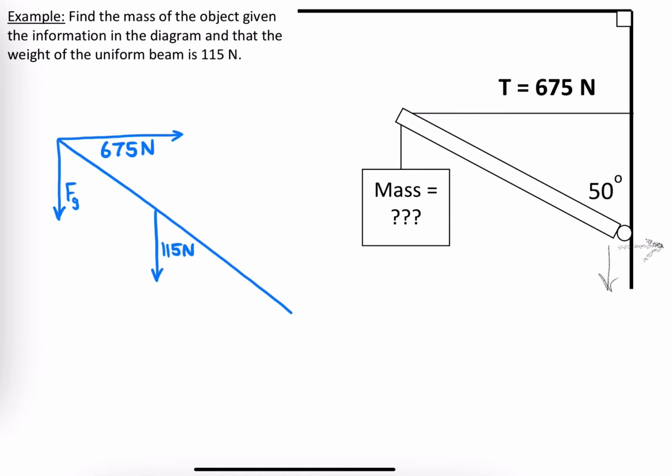So that tells me the hinge is probably pushing, stopping that from happening, so it's pushing left and up. So we can draw some hinge forces here, one reacting left and one reacting up. HX and HY.